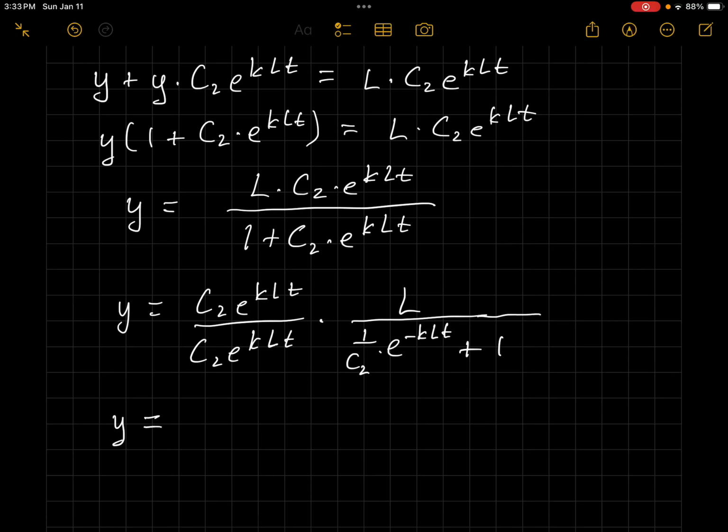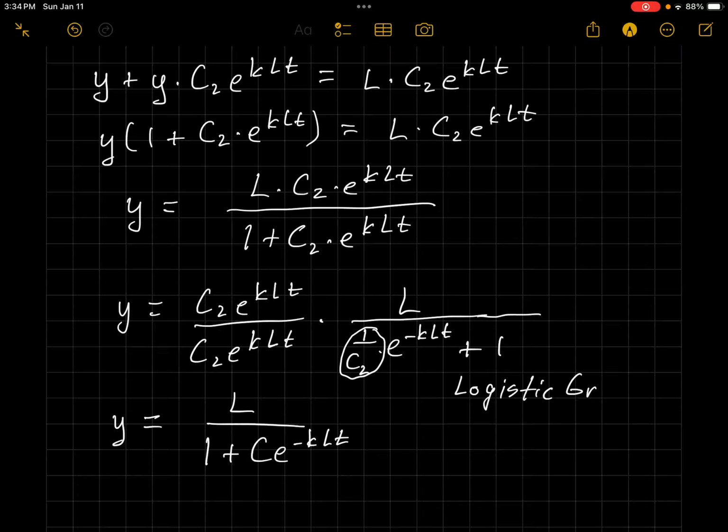And then let's rewrite this a little bit more, noticing that this piece here is a constant, so we get y equals L over 1 plus c e to the negative kLt, which is the solution to the logistic differential equation given by dy dt equals ky times L minus y.